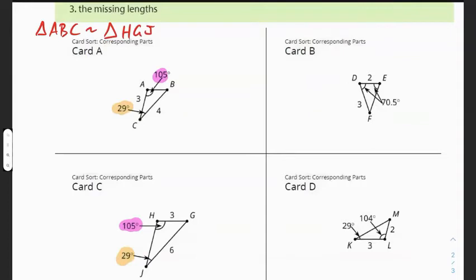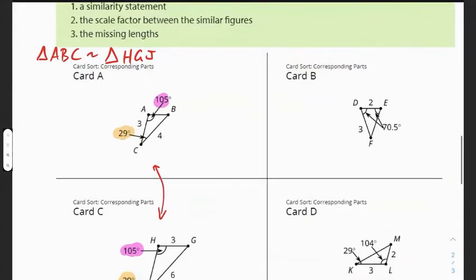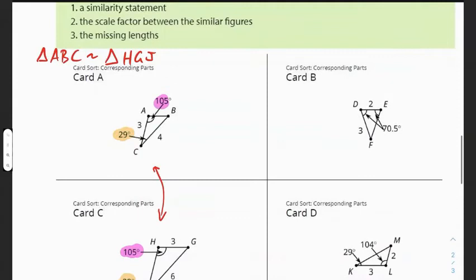I noticed that these two triangles are similar, but what about the scale factor? They want a scale factor. So one, the similarity statement, two, the scale factor. I notice between these two triangles that BC becomes bigger when it becomes GJ. So 4 times what scale factor gives me 6?